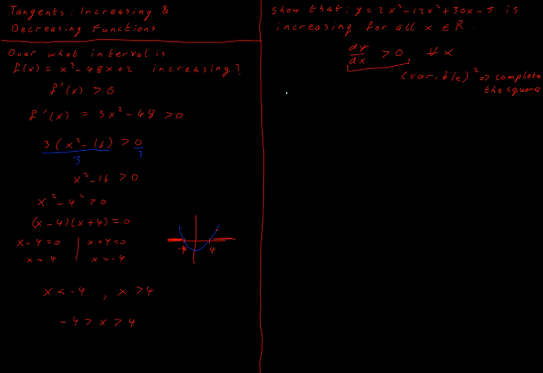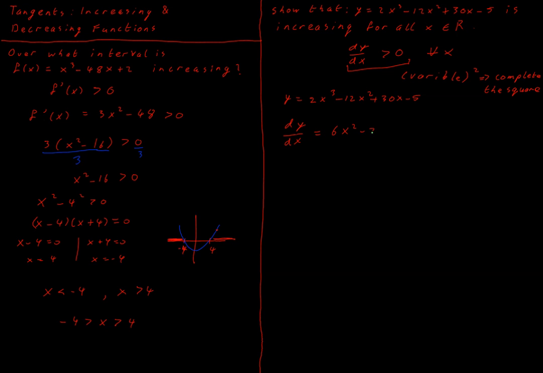Let's get dy/dx. So y is equal to 2x cubed minus 12x squared plus 30x minus 5. We know we want dy/dx because we're looking for the function to always be increasing, therefore the slope must always be positive.